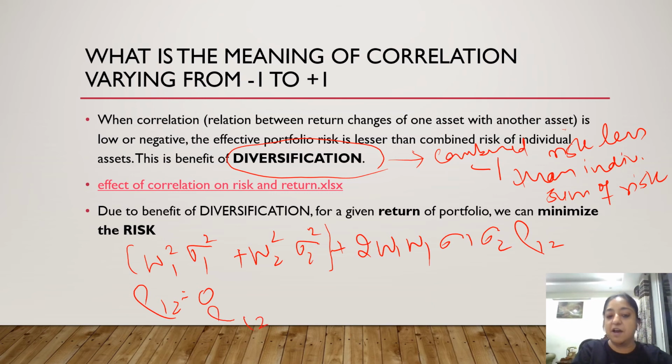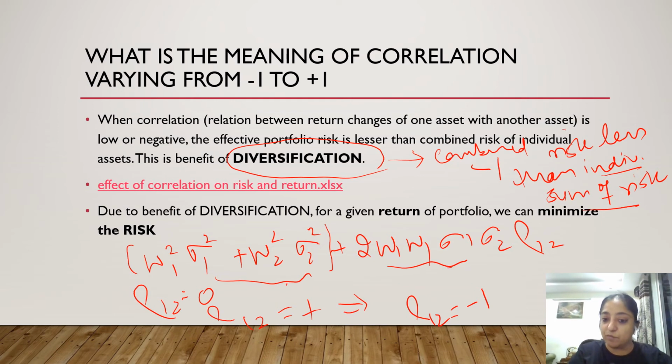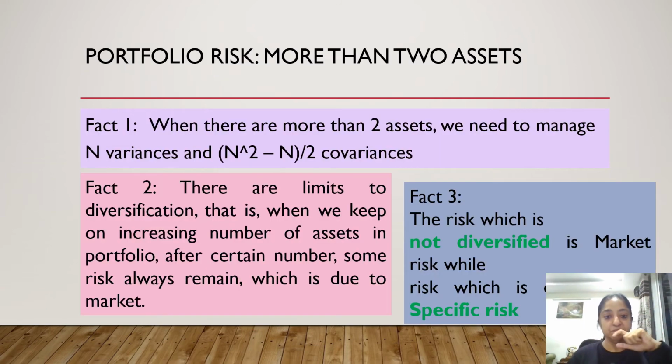If I say they are positive, then some more additional risk is being added. See, this term is added. If I say this is negative, then that means out of the sum of these two, we are going to subtract this term. So my overall risk comes down. So this is known as diversification. Okay. Because of the diversification, we can minimize the risk and can maximize the return.